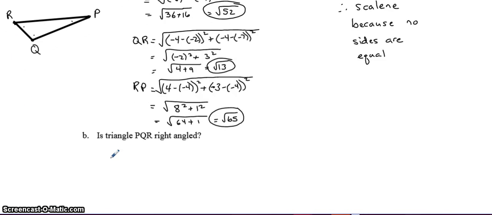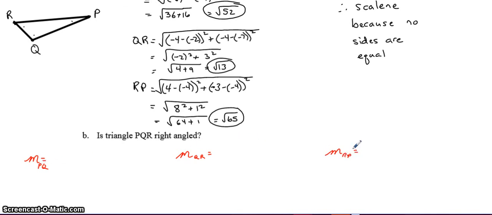So that would be the slope of PQ, the slope of QR, and the slope of RP.